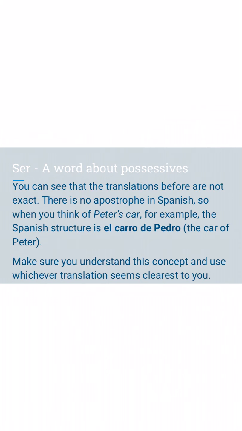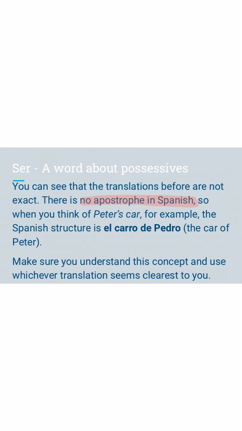All right, continue. Now, back to those possessives. So you could see, obviously, that those translations were not exact. And that is because there is no apostrophe in Spanish. Yeah, no apostrophe. So when you think of Peter's car, like we would say in English, the Spanish structure that we're going to work with is actually el carro de Pedro, the car of Peter. Okay, so let's think for a couple of examples here.